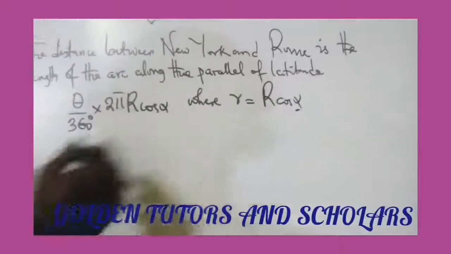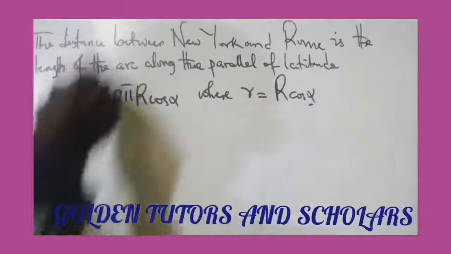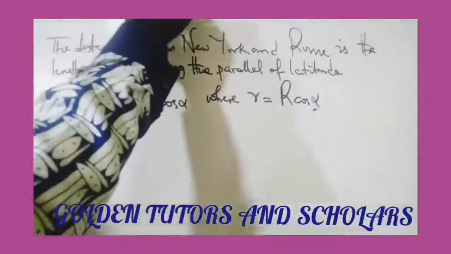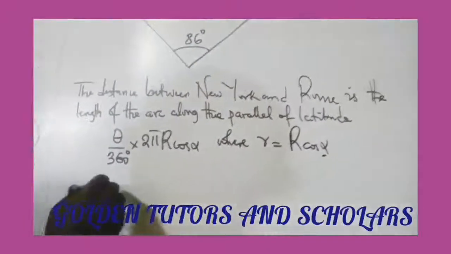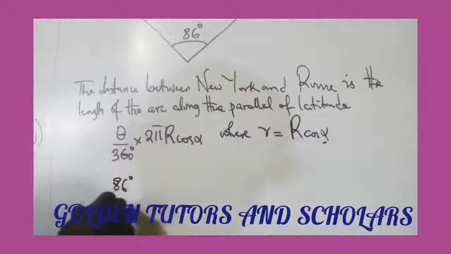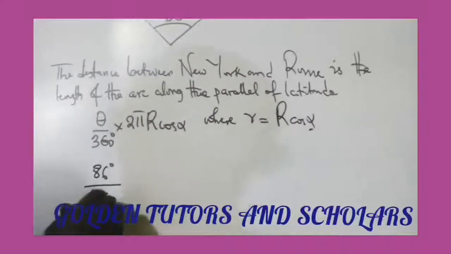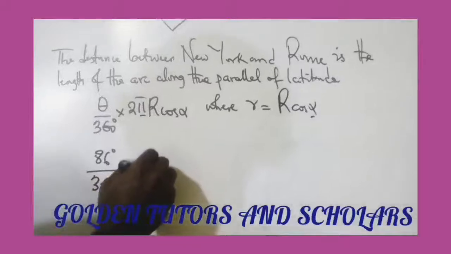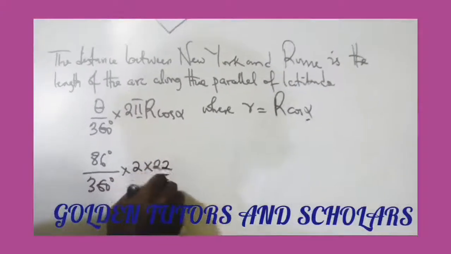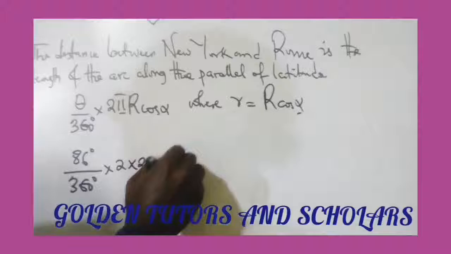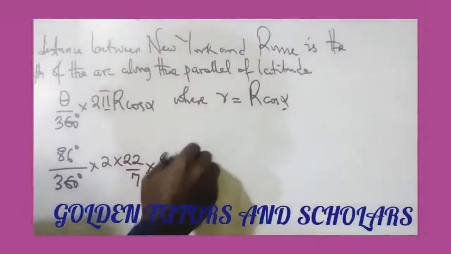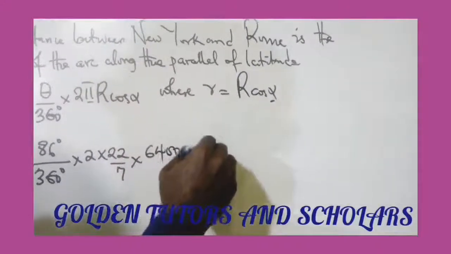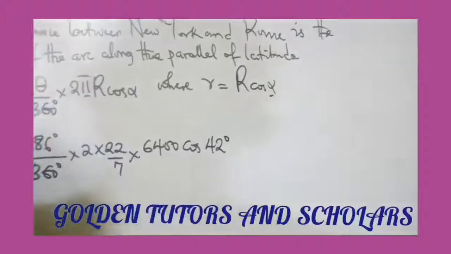So the values here: theta is the angle subtended at the center. That will be 86 degrees over 360 degrees times 2, taking our pi to be 22 over 7, times the radius of the earth, which is 6,400, cos 42 degrees.